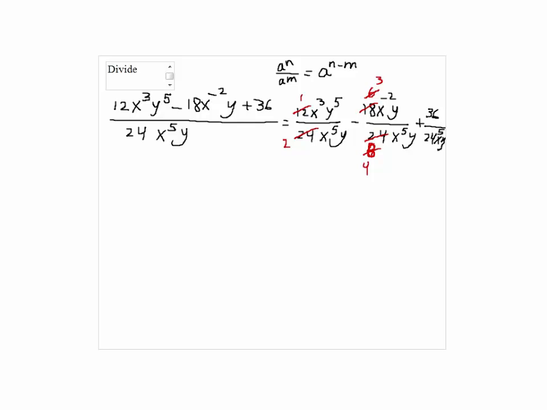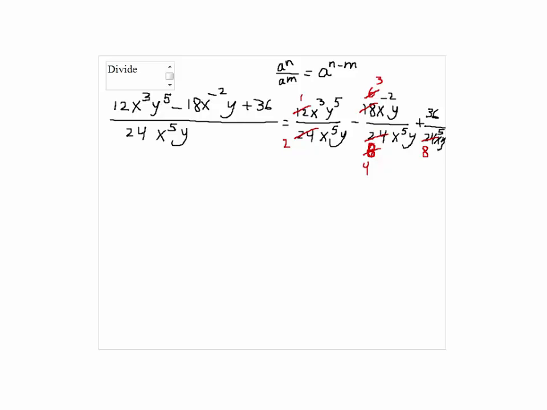So I can divide both of them by 2. Half of 6 would be 3. Half of 8 would be 4. So this is how we can reduce. Of course, if you can see both of these are factors of a higher number, you can divide by that at first and do that.